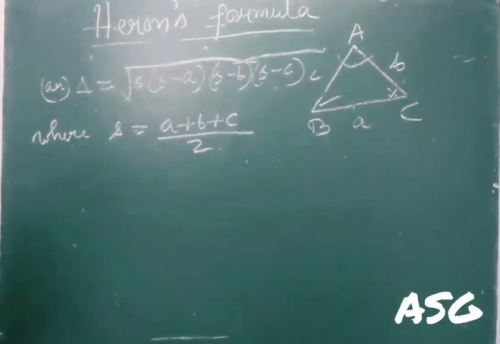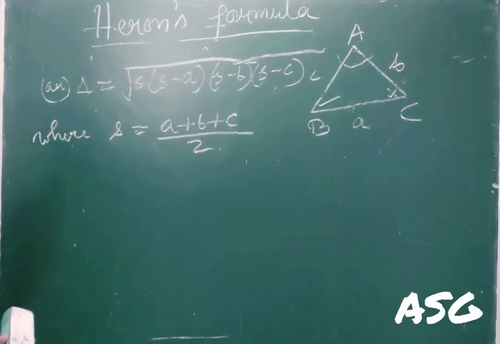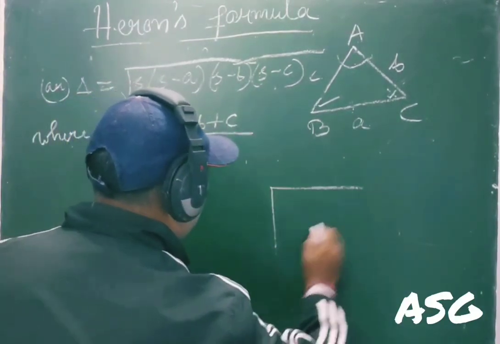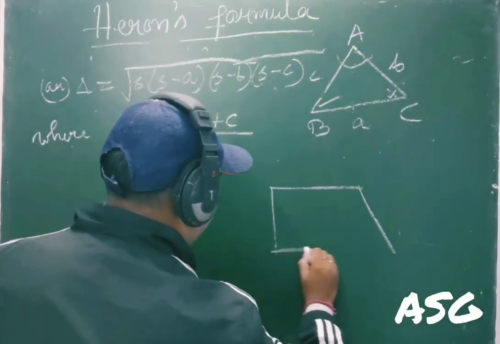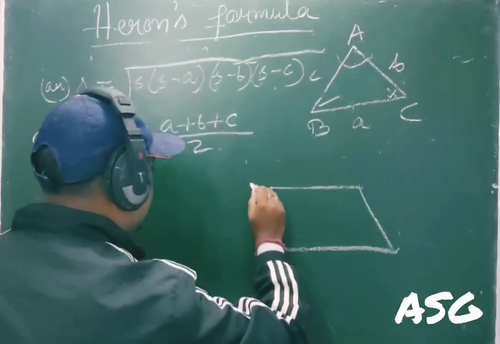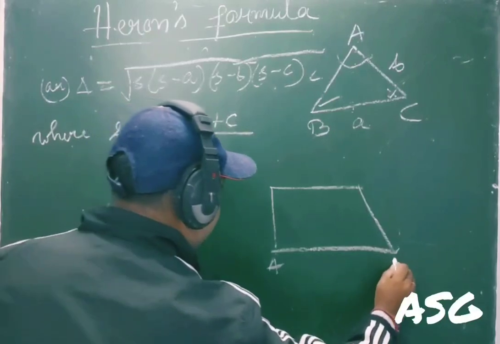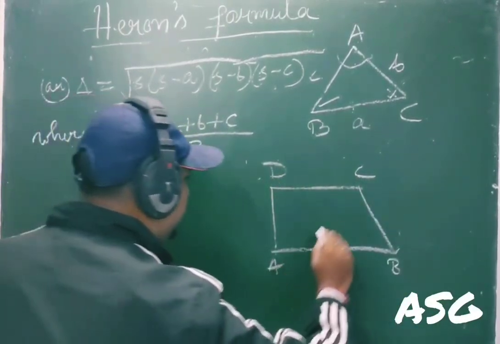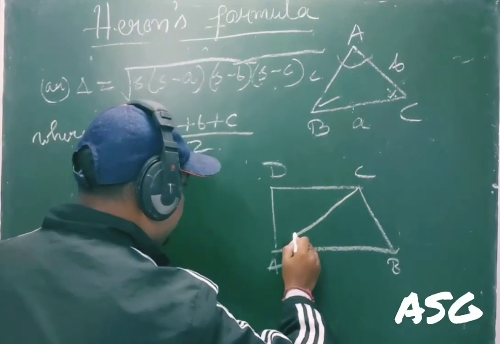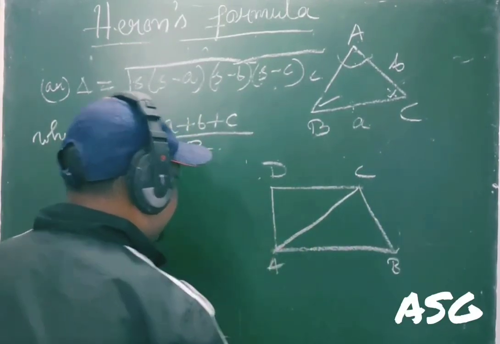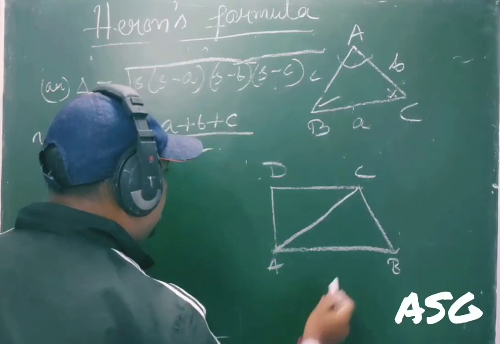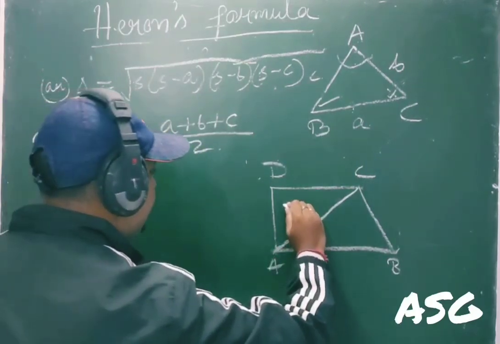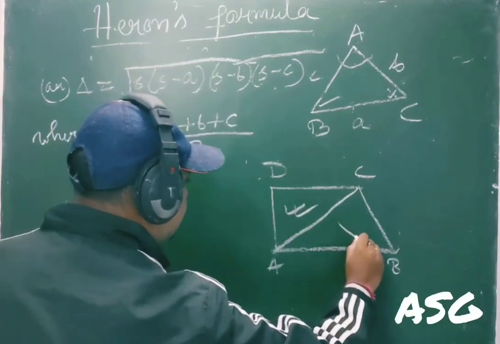Next, suppose you have to find the area of any quadrilateral ABCD where the measures of the sides are given. In that case, always remember you have to find the diagonal, either AC or BD. Suppose you know AC or BD, then you can easily find it. See the figure, from this figure you can see this is a triangle and this is another triangle.